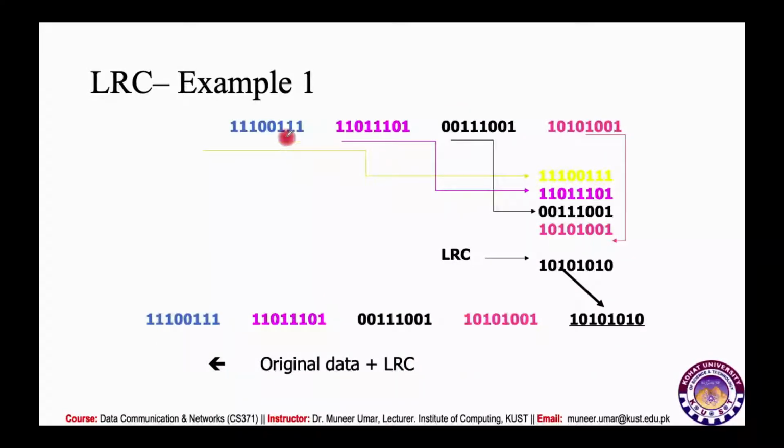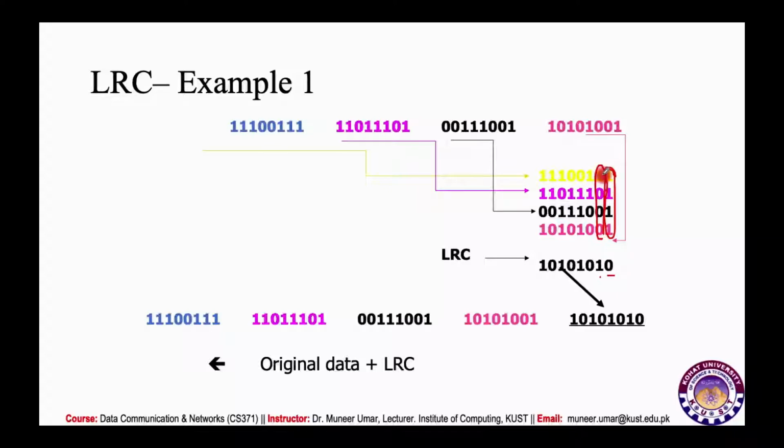We have 4 bytes. These 4 bytes are taken, and for each column in these 4 bytes we calculate a parity bit, and we make even or odd parity. So here we have an even number of ones, so 0 is given.